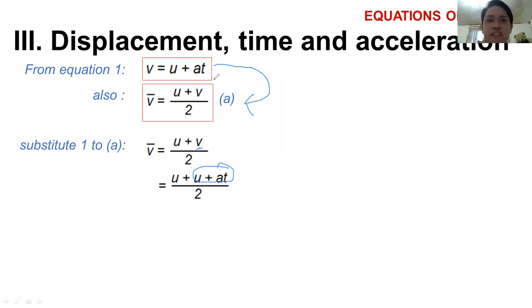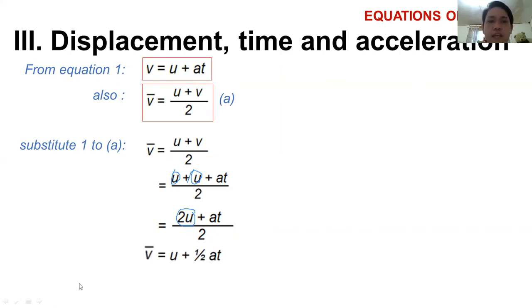By just substituting, your V now becomes U plus AT, which can be simplified. To simplify, we have U plus U equals 2U, combining like terms, plus AT. So now we have the average velocity equal to U plus 1/2 AT.